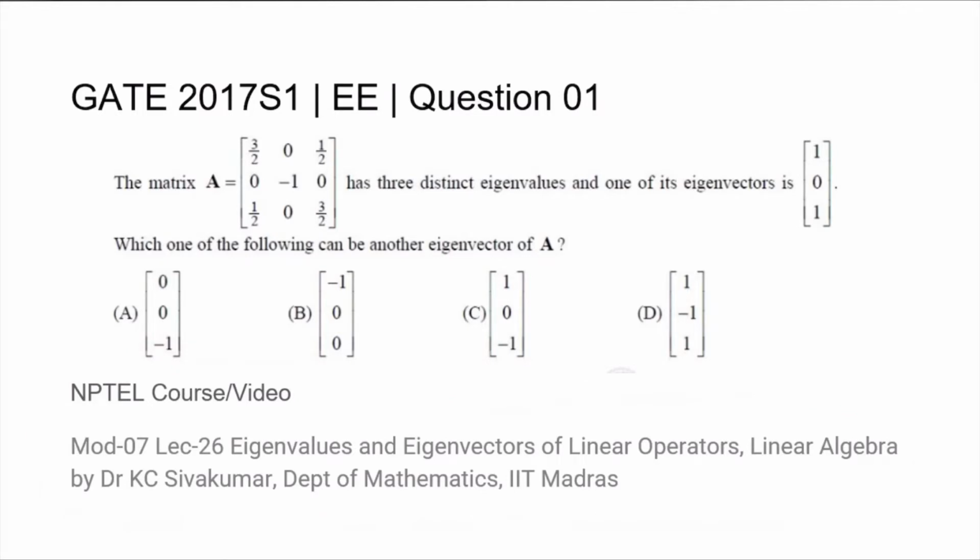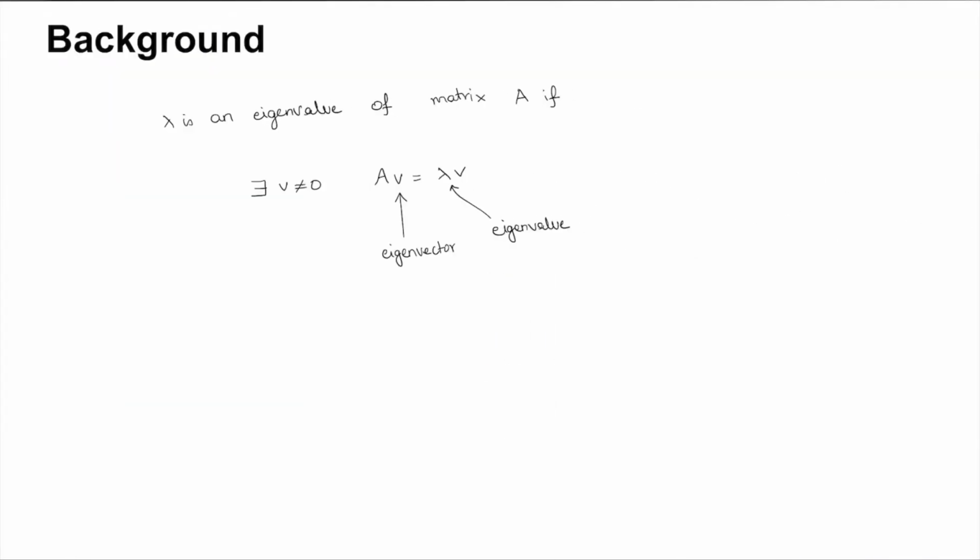Now let's go into a bit of background. This is the definition of eigenvalue. Lambda is an eigenvalue of matrix A if there exists some non-zero vector V. A zero vector is just a column of zeros, so if even one element is non-zero, the vector is non-zero.